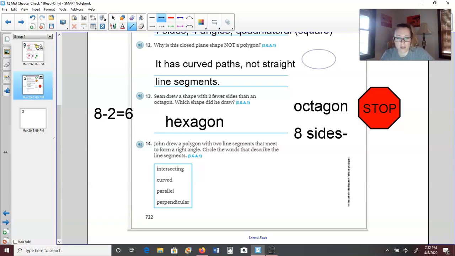We don't know what polygon he drew because it doesn't say how many sides it has. Whoop, that's a ray. I don't want a ray, I just want my line segments. So he drew a polygon with 2 line segments that meet to form a right angle. So that means part of the shape has to look like that, okay?